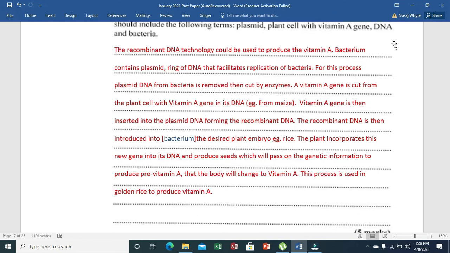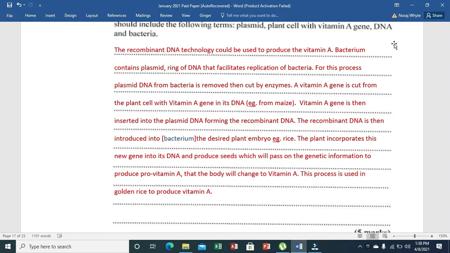Now, the plant incorporates this new gene into its DNA and produces seeds which will pass the genetic information on to produce provitamin A. Provitamin A can also be looked at as carotenoid, that thing from the yellow part of the carrot, the corn and that type of thing.